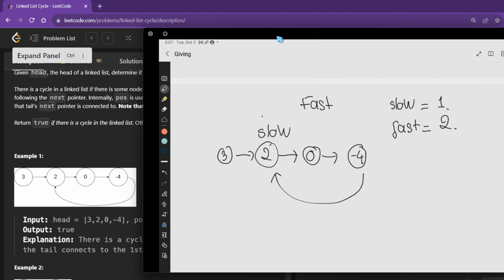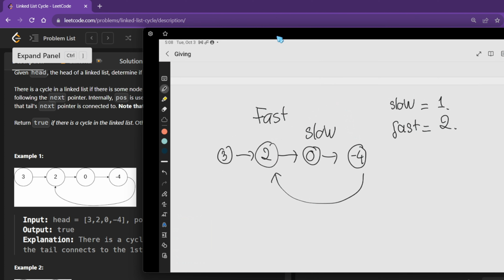And what is the next one? The slow pointer is going to move to 0. What about the fast pointer? The fast pointer is going to move to 2, because it moves two steps, going to minus 4 and then coming back to 2, so it's right here.